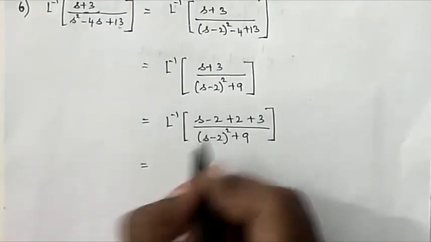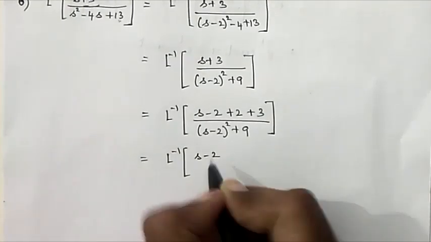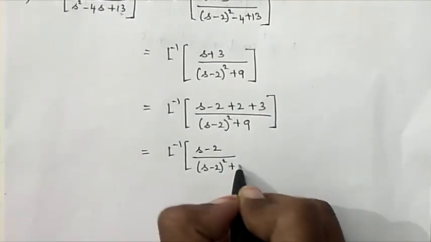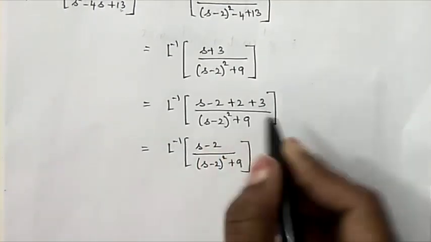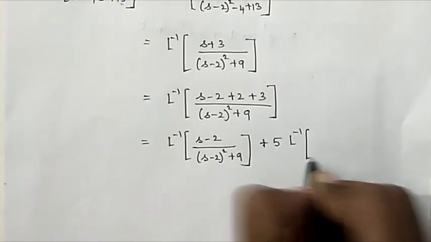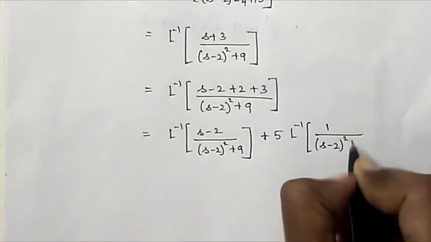Now applying the linear property, I can write this as L inverse of s minus 2 divided by s minus 2 the whole square plus 9. 2 plus 3 is 5. So plus 5 times L inverse of 1 divided by s minus 2 the whole square plus 9.